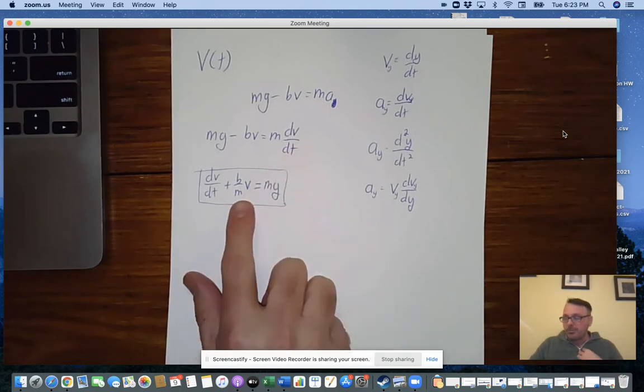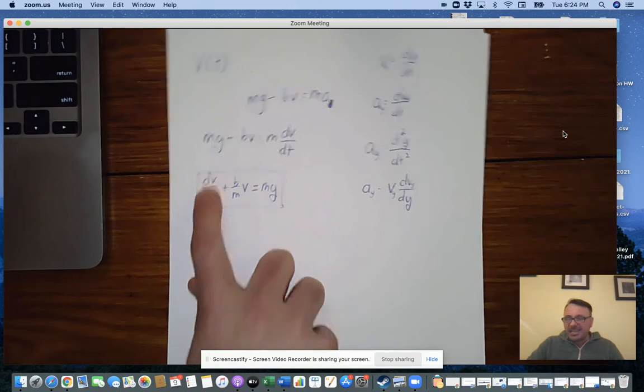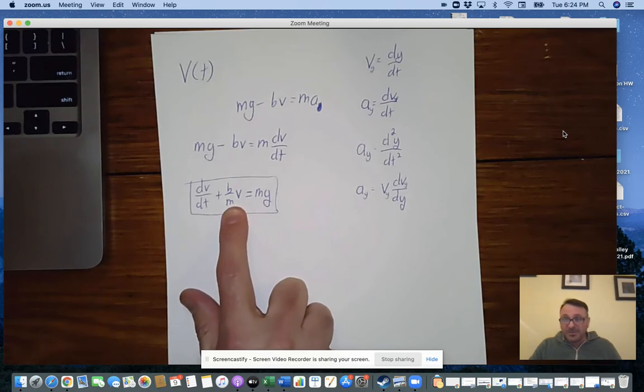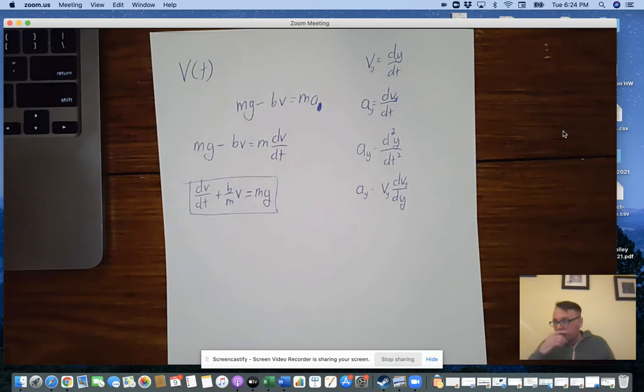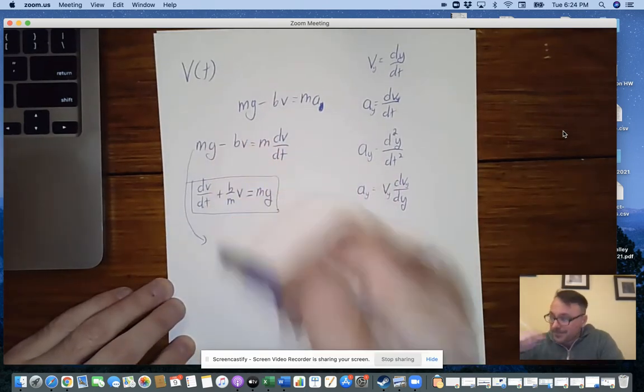But notice here, when I put it in proper format, I didn't separate because this v is still attached to that t. Now notice here, if I just multiply the whole thing by dt, that attaches a dt to the v, which is not helpful either. So it seems like I need to be a little bit more clever with this. The way that we're going to do this is the following.